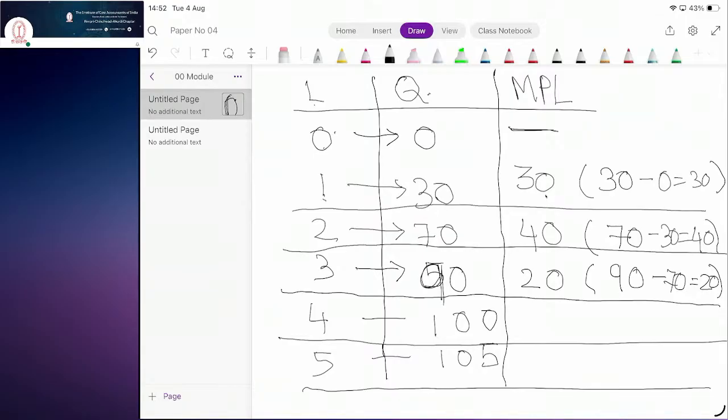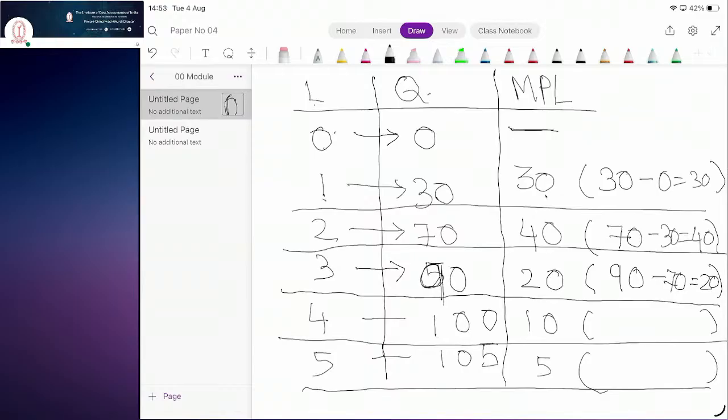Did you all get this? 20, 10 and 5. So the logic is just you ensure that you are subtracting it in the correct form.